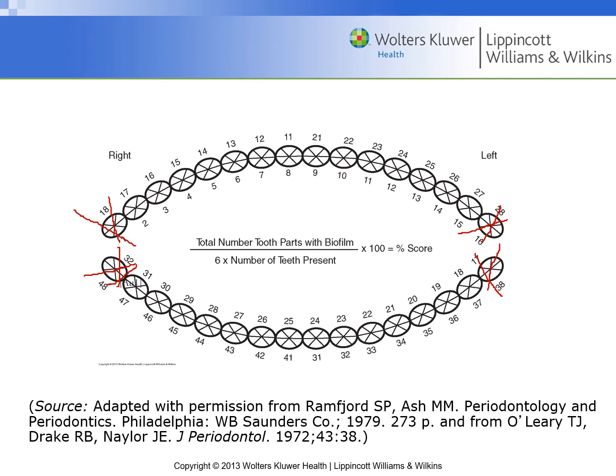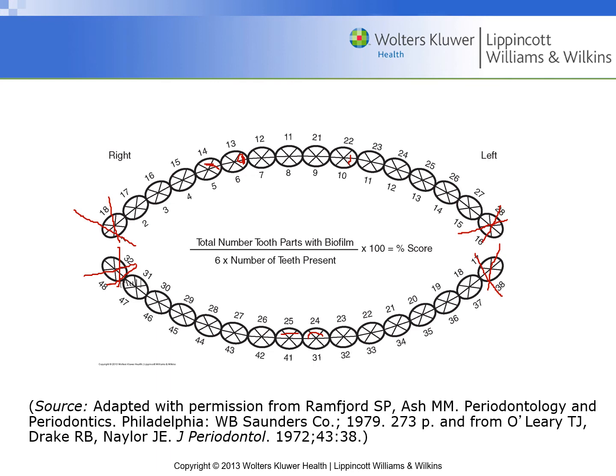So let's say that you find biofilm here by the cervical. You find it in these 2 spots, you find it in these 2 spots across that whole front, and there. So let's just take those for our example.